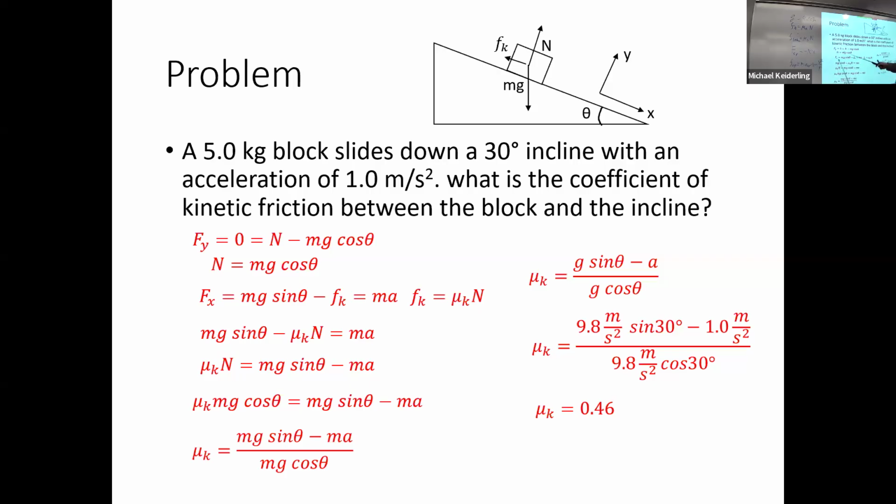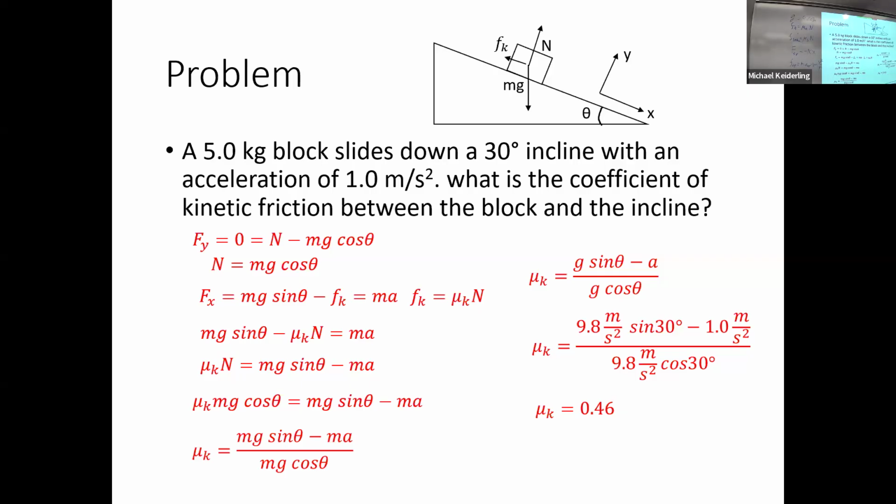We can plug in our value for the normal force of mg cosine theta. Mu kinetic times mg cosine theta equals mg sine theta minus mass times acceleration. We can divide both sides by mg cosine theta and get mu kinetic is mg sine theta minus mass times acceleration over mg cosine theta.